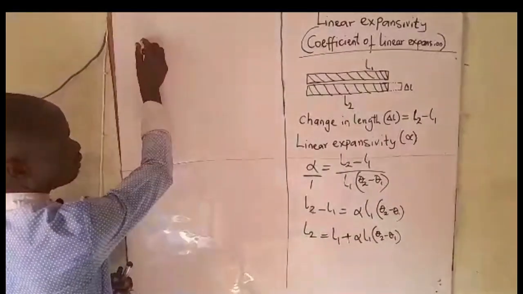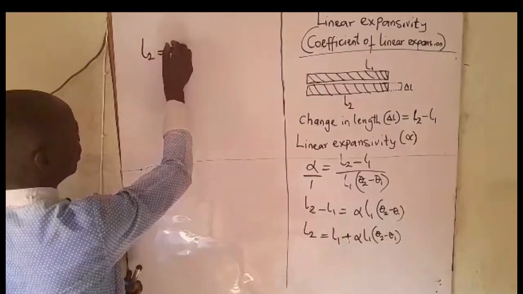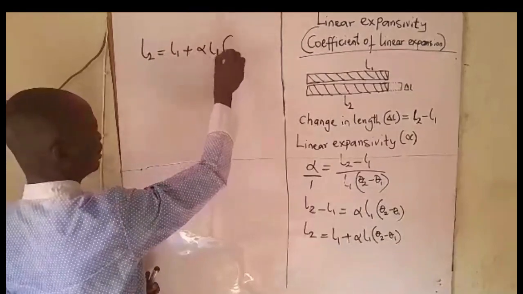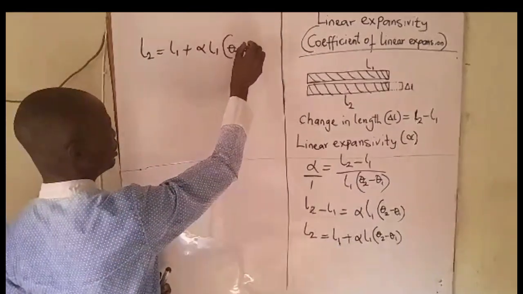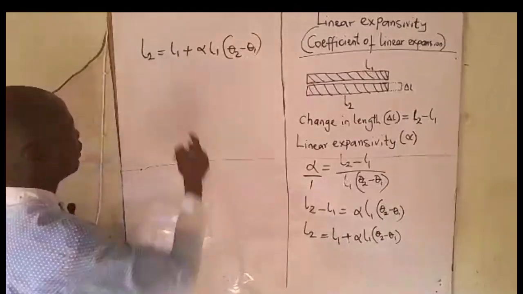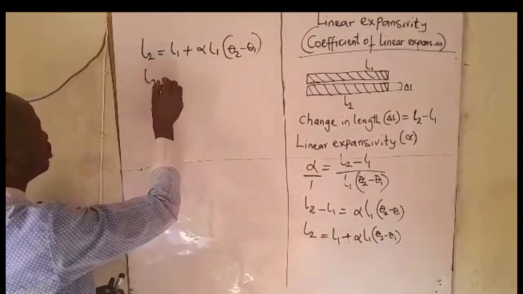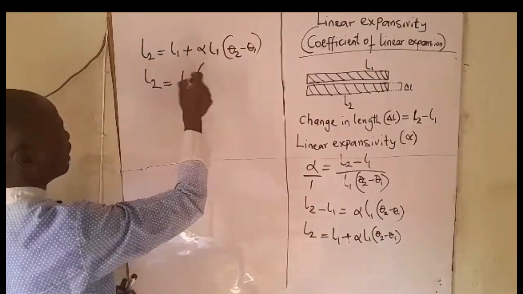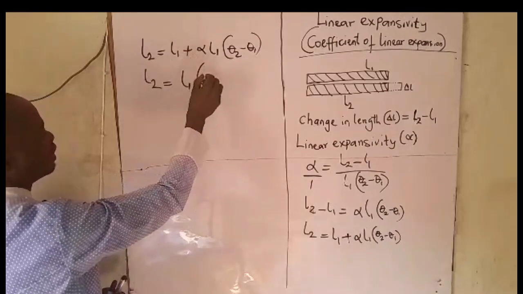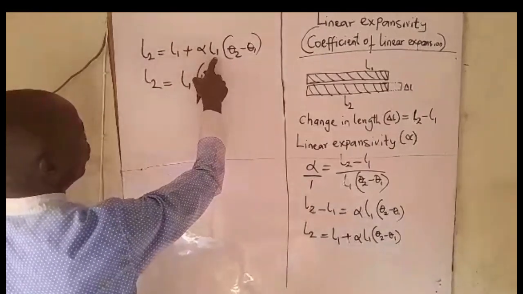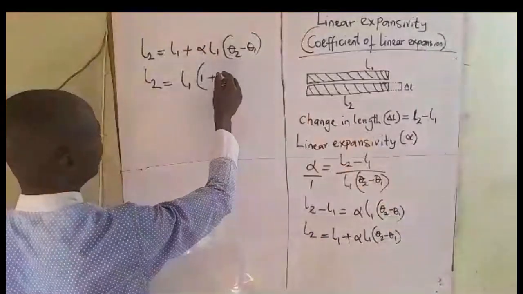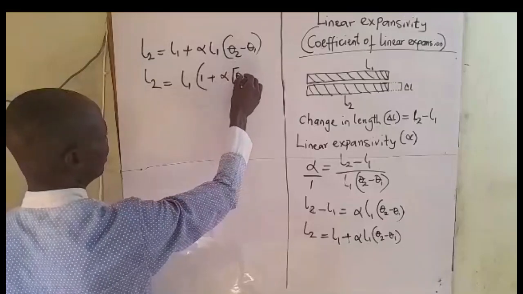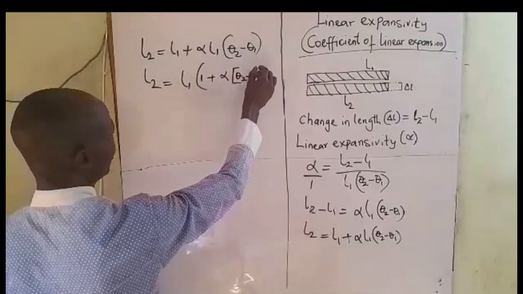Factorizing, we have L2 is equal to L1 plus alpha L1 change in temperature. Now, taking the common factor, which is L1, in bracket, we are left with 1 here plus alpha bracket theta 2 minus theta 1.